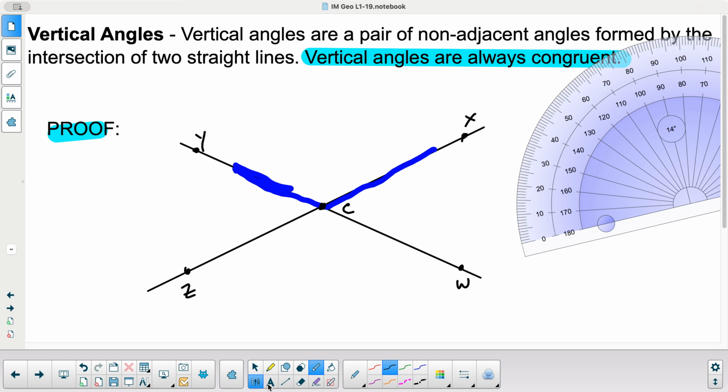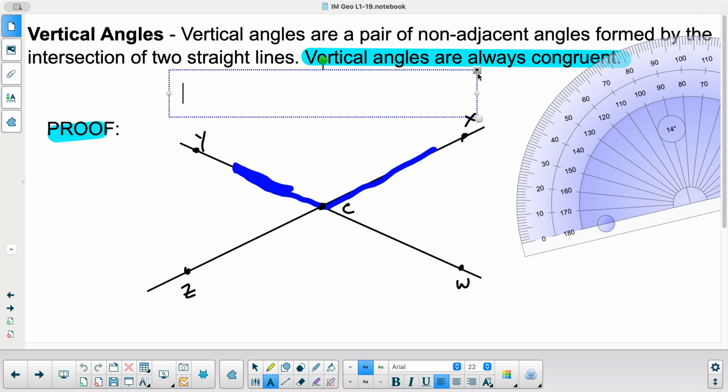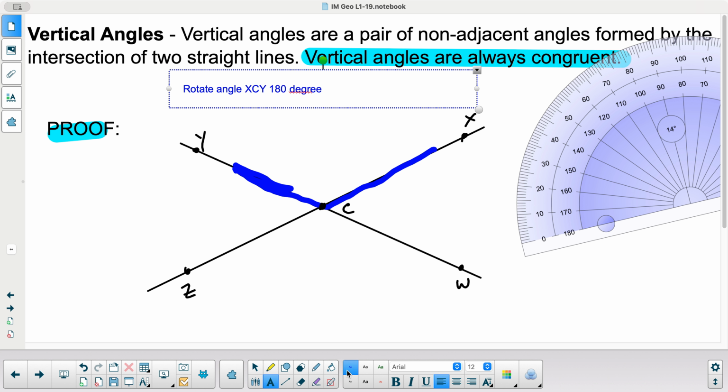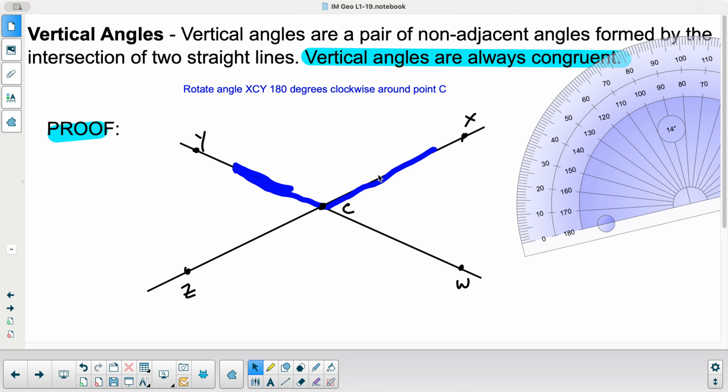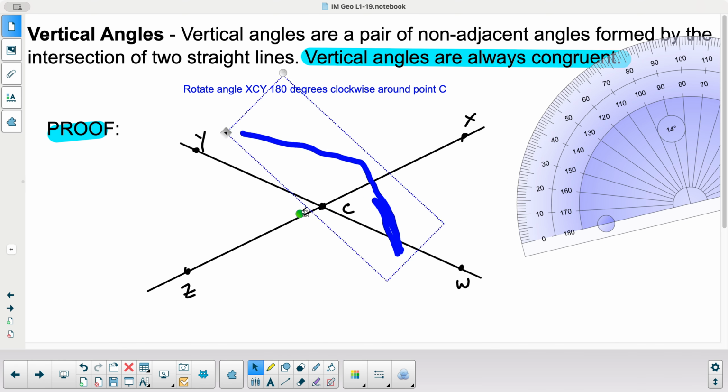Okay, so if I were to say, okay, let's do a rigid motion to move it down there. So let's say rotate angle XCY 180 degrees clockwise around point C. Okay, what's going to happen is this whole angle here is going to rotate.